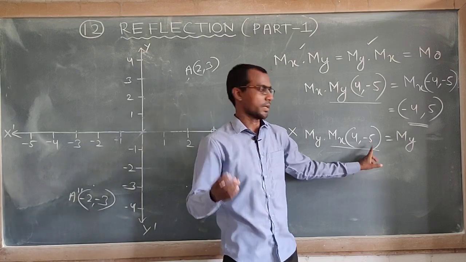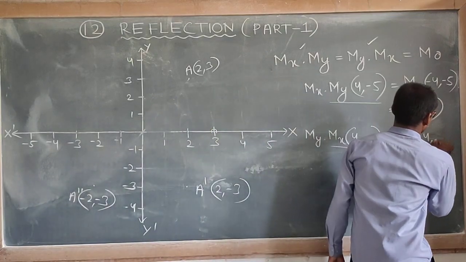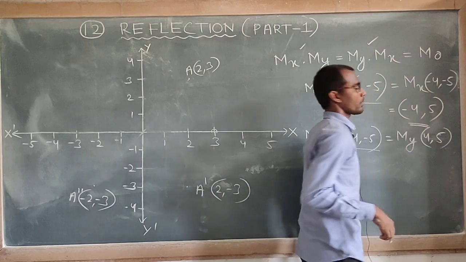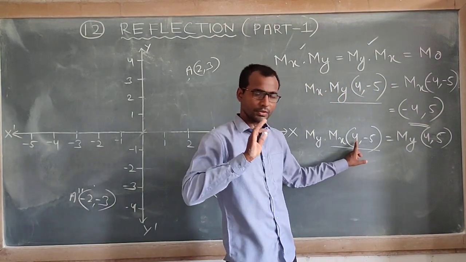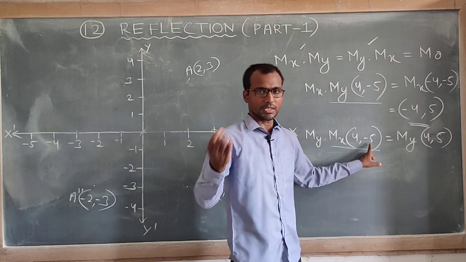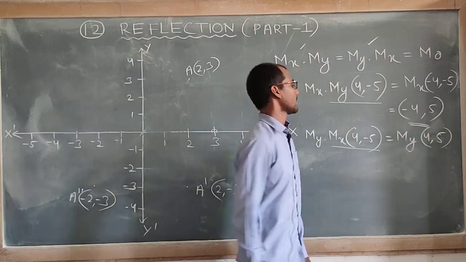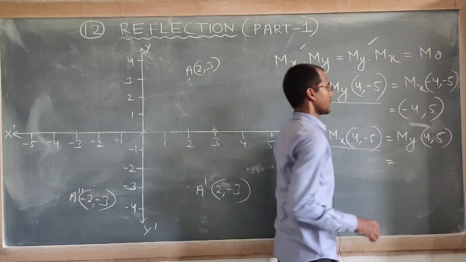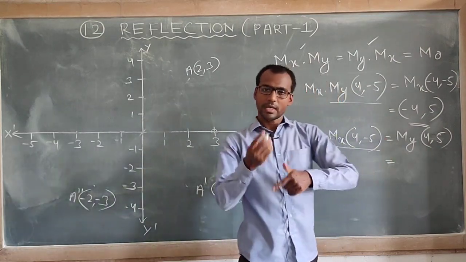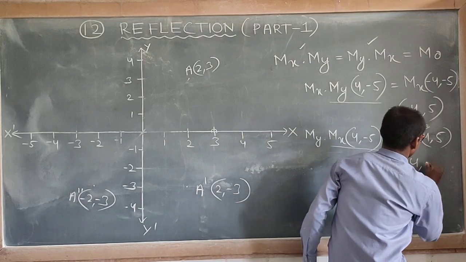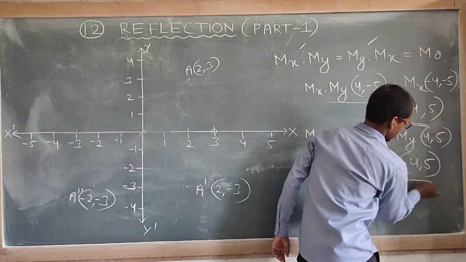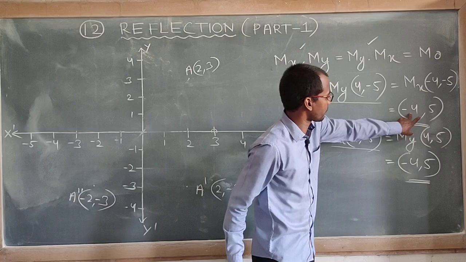It will become +5. So we will get (4, 5). 4 will remain 4, -5 will become +5. Then this new point is reflected in the y-axis, so x will change. This 4 will become -4. Then +5. You can see (-4, 5) and (-4, 5) are both the same.